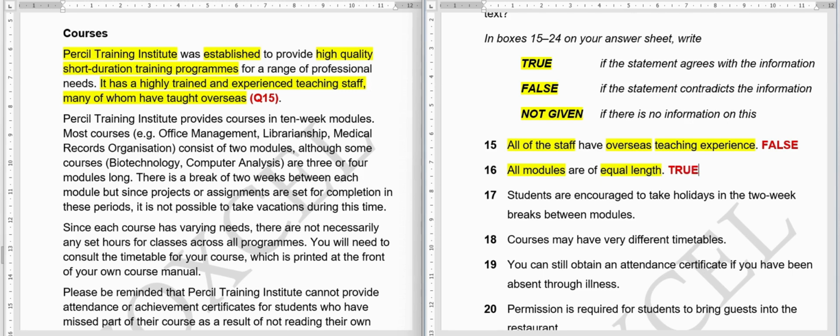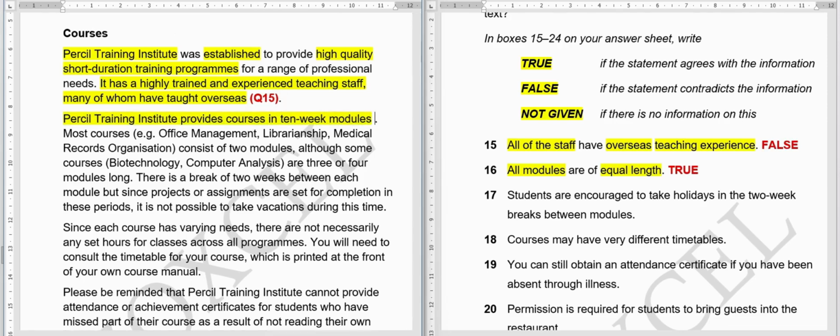I'm guessing many of you might have said false because there are some distractor words here. So let's see why it is true first. In the very first sentence of this paragraph, they have said Percil Training Institute provides courses in 10-week modules.